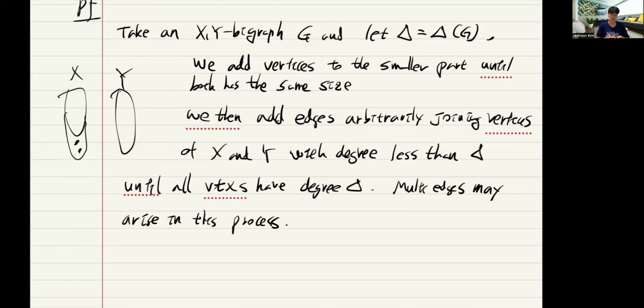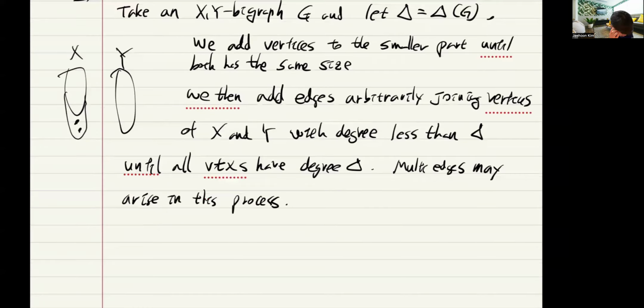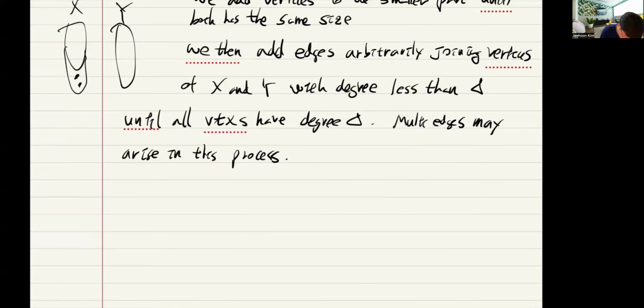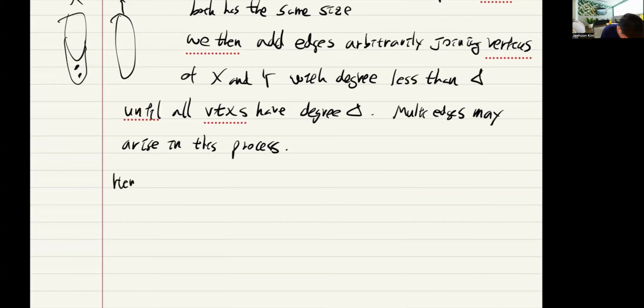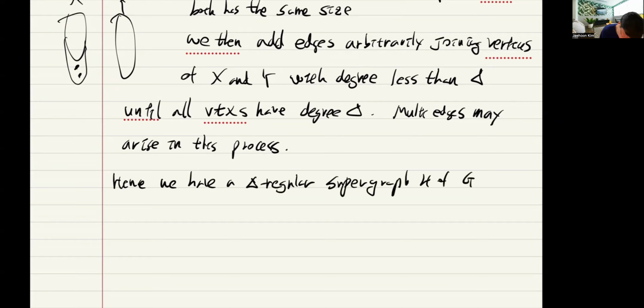Even if there are already edges between them, we add another edge because we are allowing multigraphs. Then at the end, we obtain a delta-regular graph. So we have a delta-regular supergraph H of G, meaning that G is a subgraph of H, and H is also bipartite.